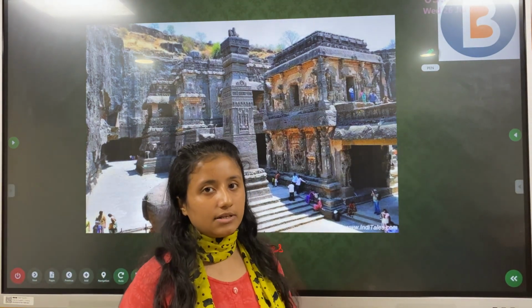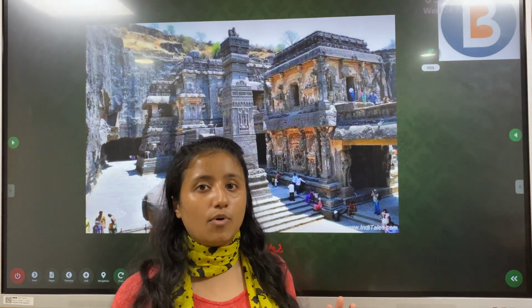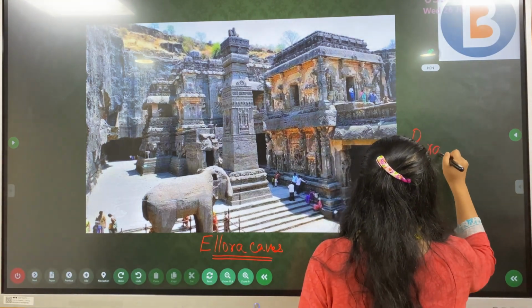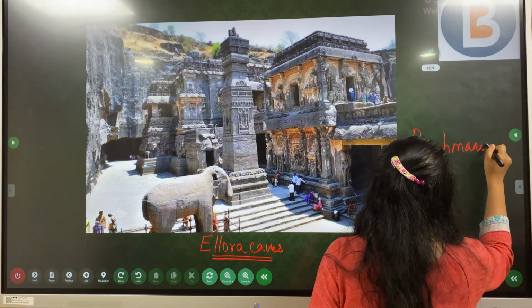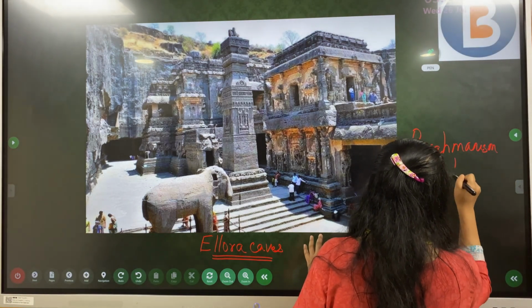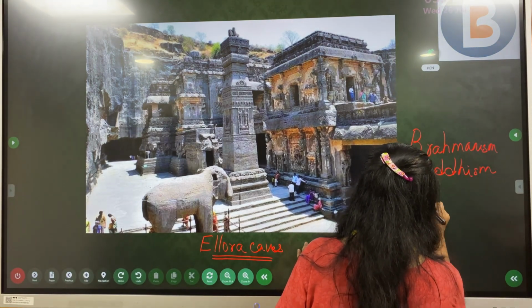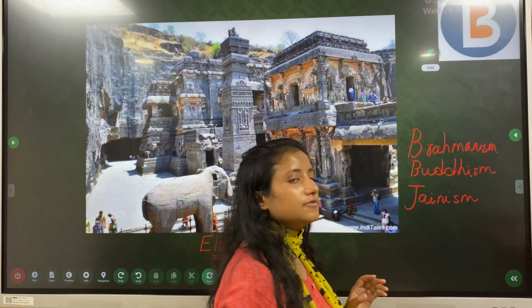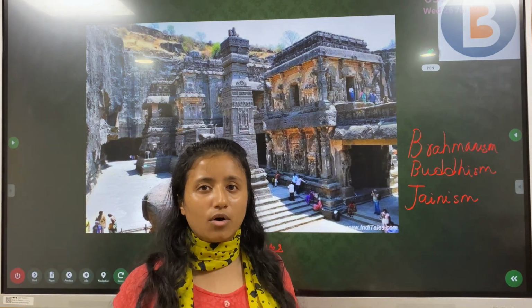What exactly happened is, in those times there were three very important religions: Brahmanism, Buddhism, and Jainism. This is the same as how today we have many religions like Hinduism, Islam, Christianity and so on.